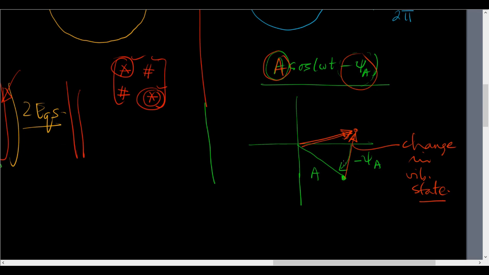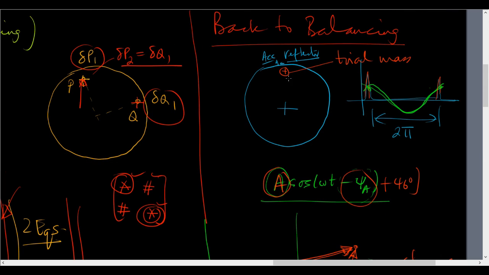Now you see, I want it to rotate. Let us say this angle is 46 degrees. So I want it to rotate like this 46 degrees. That means I want it to have plus 46 degrees over here, right? And how will I do that? I just want it to arrive 46 degrees earlier, so I will go 46 degrees, and I know that this mass has to be removed from here and put here.